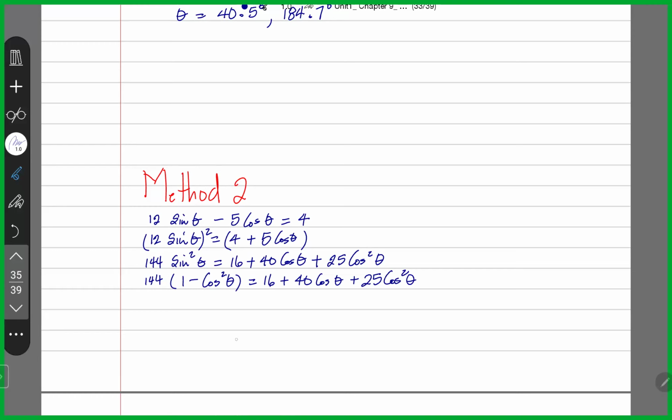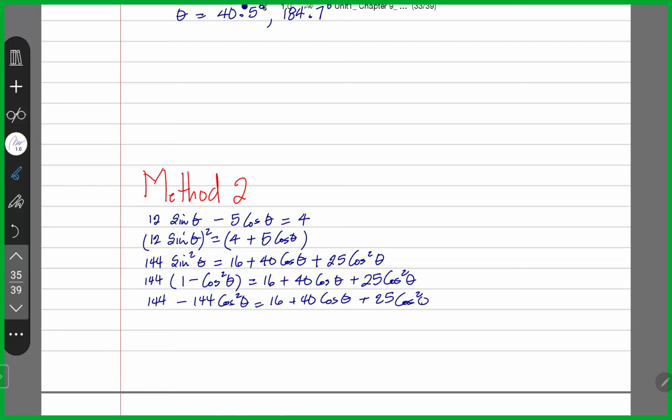Let me just set it up a little bit more. This is 144 minus 144 cos squared theta is equal to 16 plus 40 cos theta plus 25 cos squared theta. Bring over everything on the left to the right.